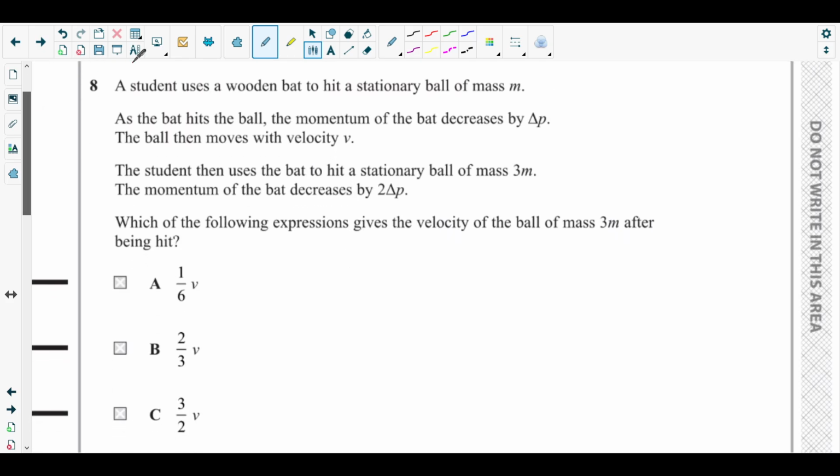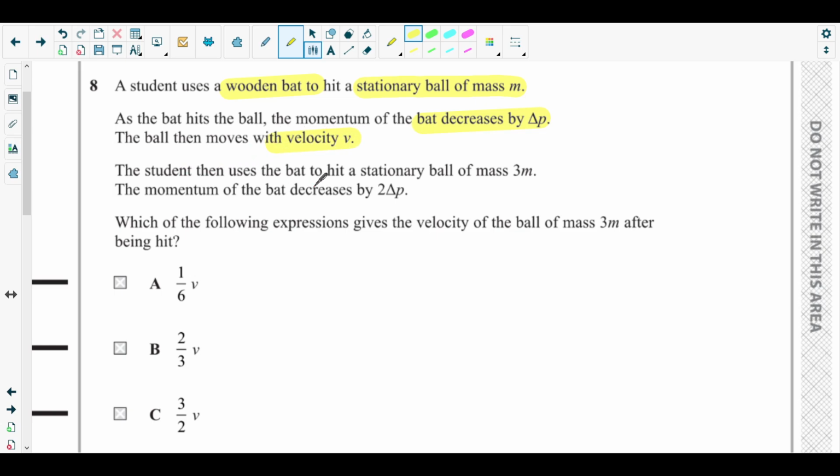Okay. Question number 8. A student uses a wooden bat to hit a stationary ball of mass m. As the bat hits the ball, the momentum of the bat decreases by del p. The ball then moves with velocity v.